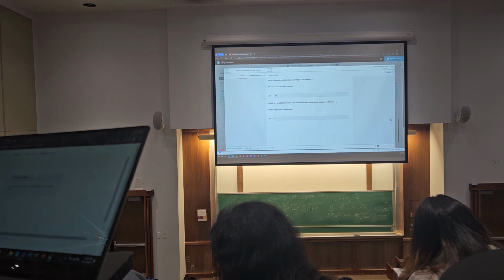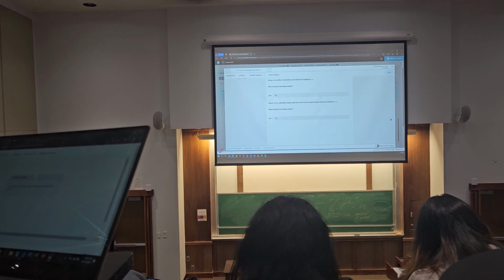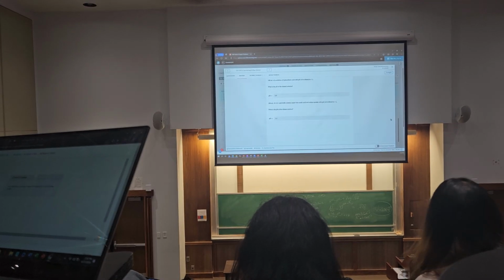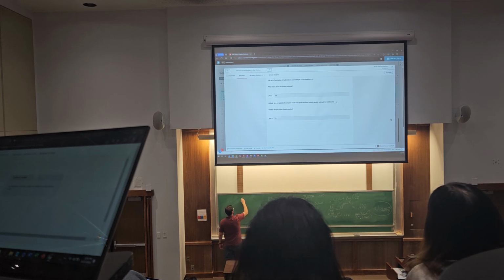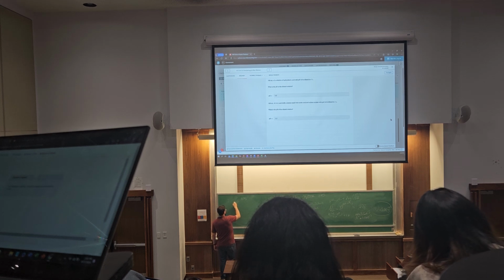Here we have 10 to the minus 6 plus x. Here we have 6.4 times 10 to the minus 6 plus x. The pKa for acetic acid is 4.75, which means that the Ka is 10 to the negative 4.75.